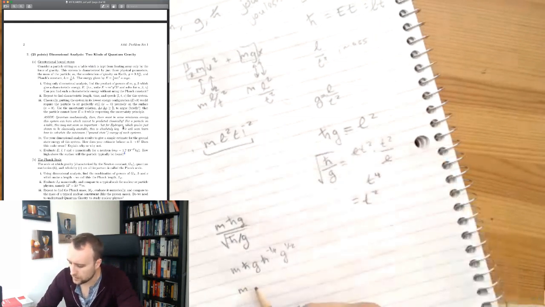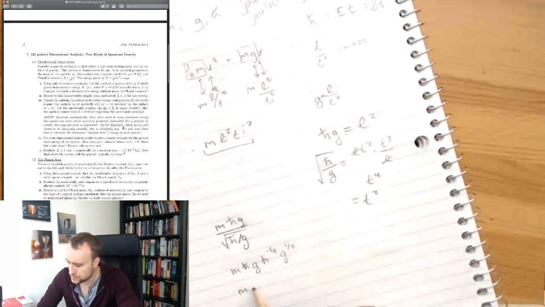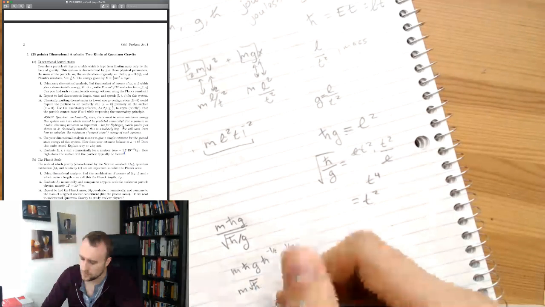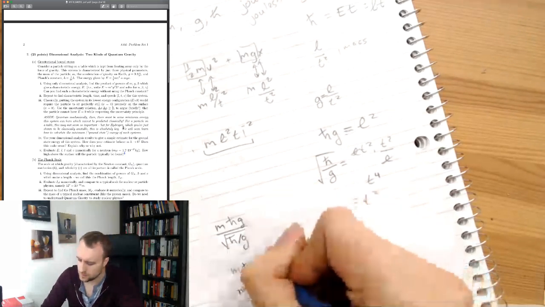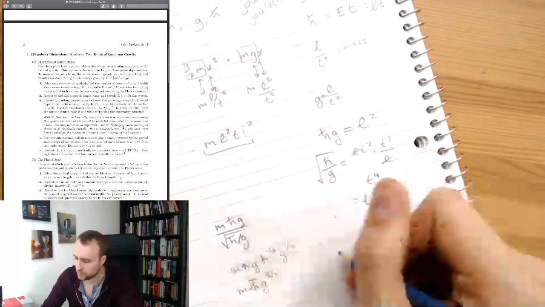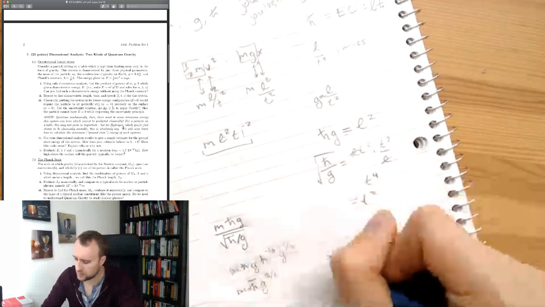So are we not m square root h bar g to the 3/2? So is it not alpha equals 1?